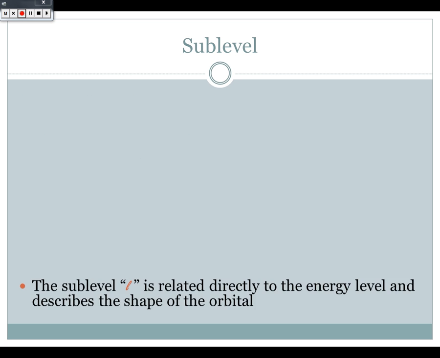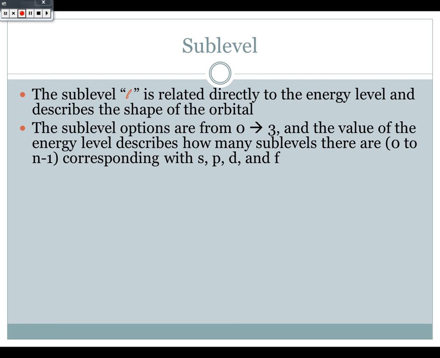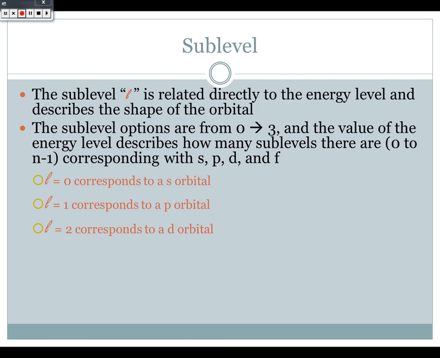So let's talk about sublevels. Sublevel is related directly to the energy level and describes the shape of the orbitals, or the shape of the sublevel. The sublevel options are from 0 to 3, and the value of the energy level describes how many sublevels there are, 0 to n-1, corresponding with s, p, d, and f. So what does that mean? l = 0 is an s orbital, l = 1 is a p orbital, l = 2 is a d, and l = 3 is an f.